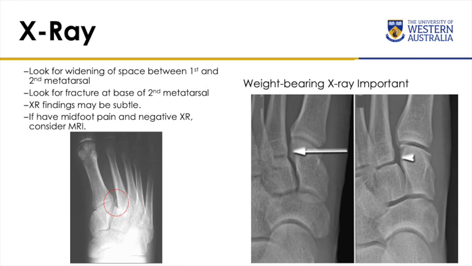Circled on the left, you can see a small avulsion fracture from the base of the 2nd metatarsal and widening of the interspace. If you're concerned and the patient has midfoot pain with a negative X-ray, you should consider an MRI scan.